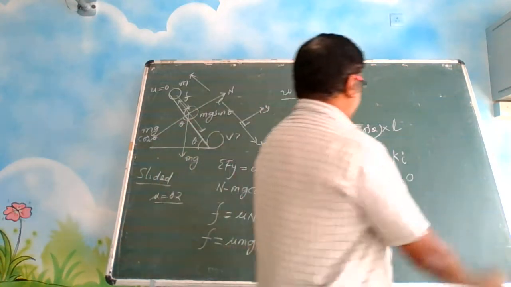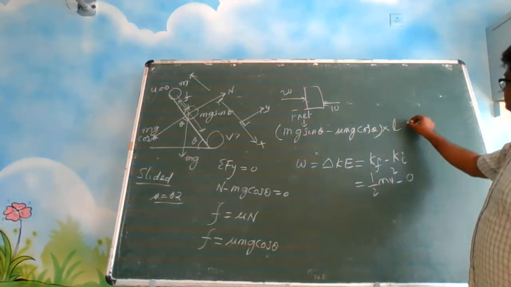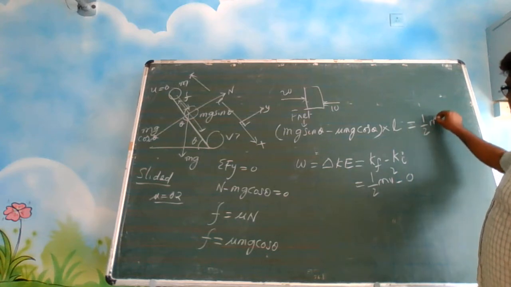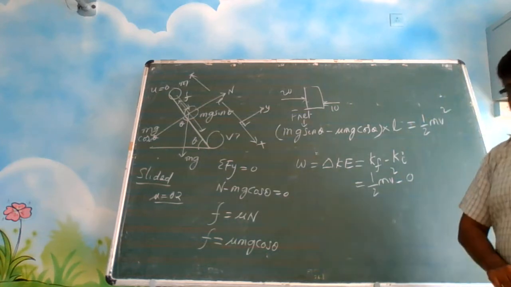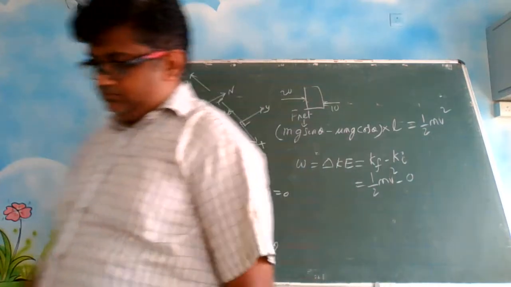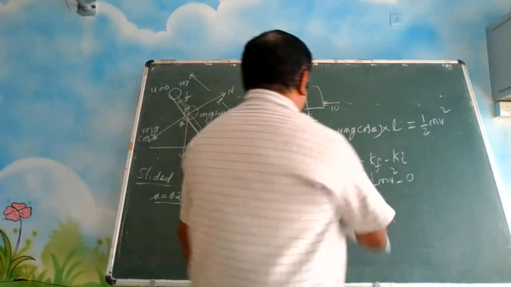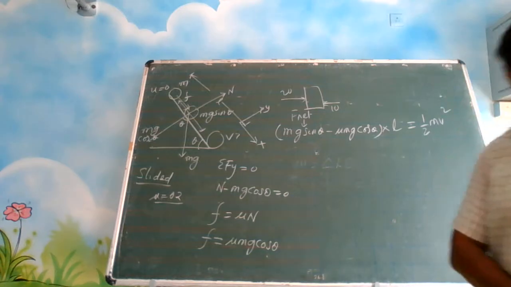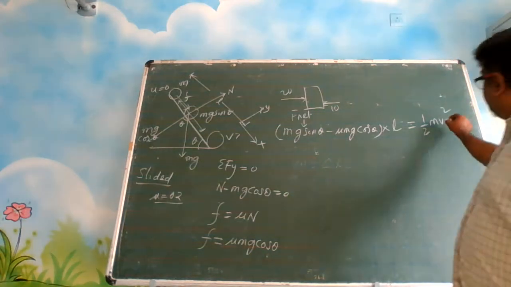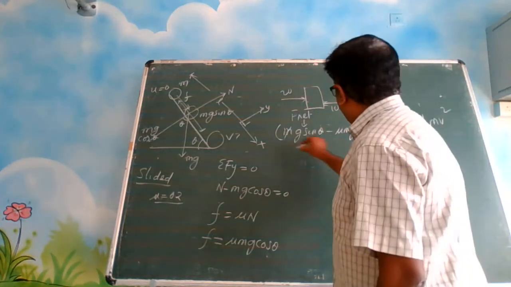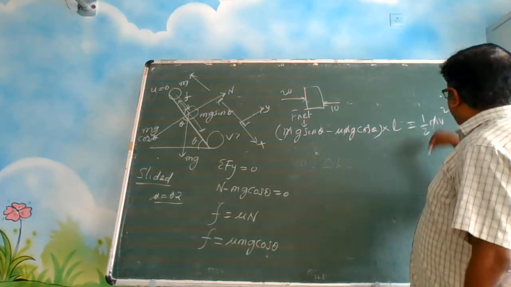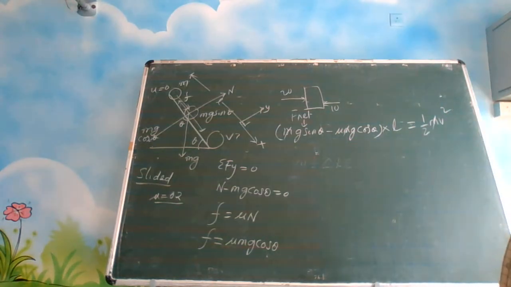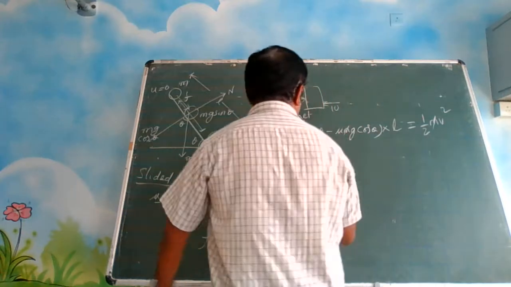What we have to calculate is this v. So cancel common terms on both sides and take g common.